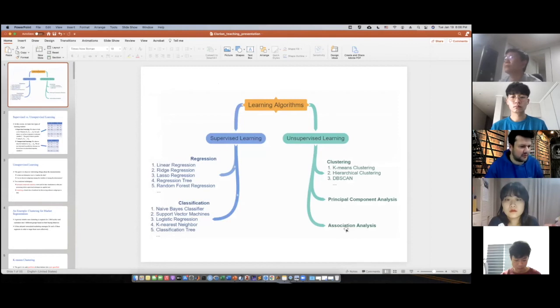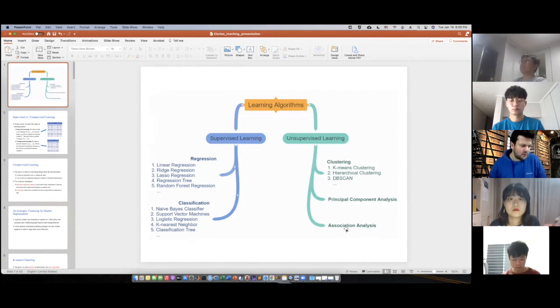Let me give you an example. Let's say you're working at a big retailer, and you want to organize the shelves in a way that customers can find related items easily. How do you do that?